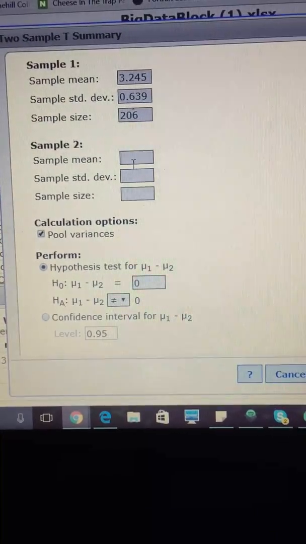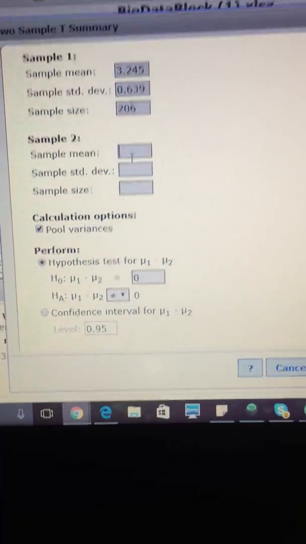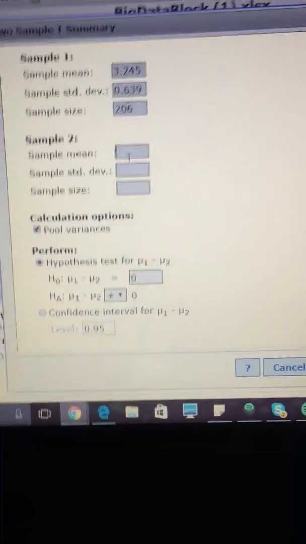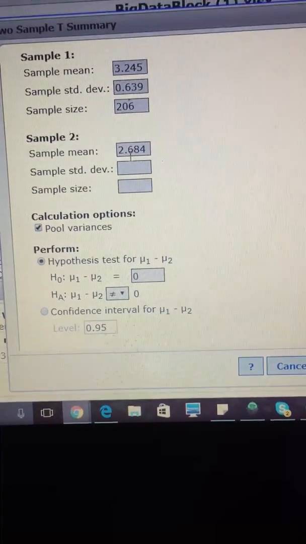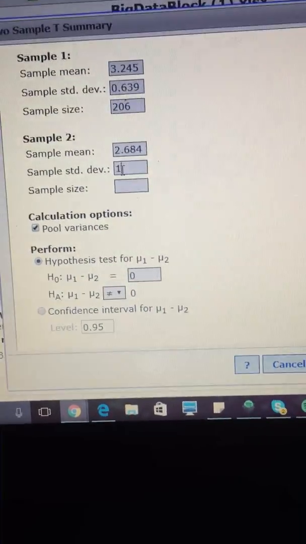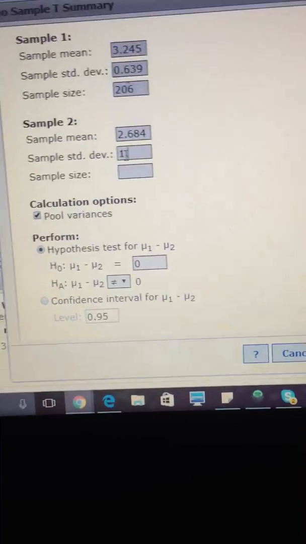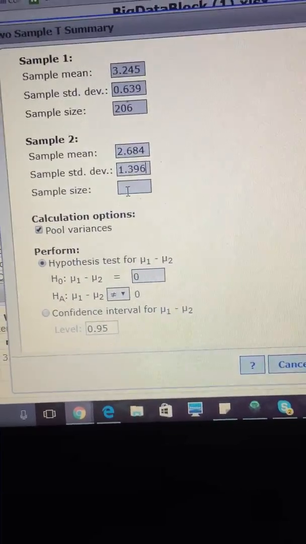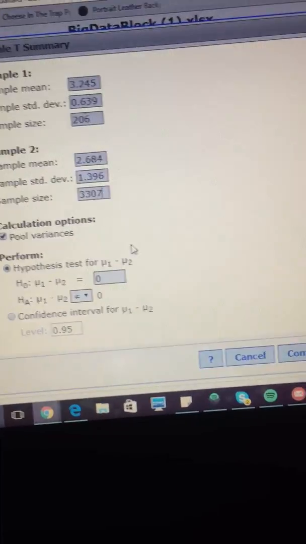And sample number 2 is for those who do not go to the writing center. The mean is 2.684. Standard deviation is 1.396. Sample size is 307.